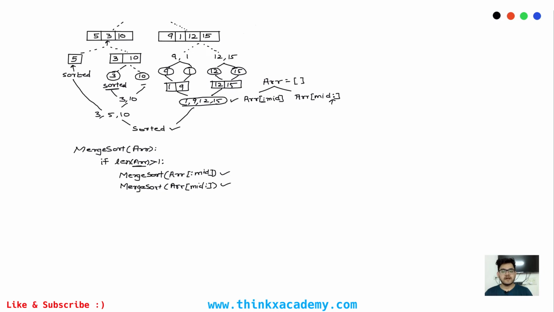Now after we are done with dividing this, you can see this is a recursive call. These two are recursive calls here, which means that a function is calling itself. When such a thing happens, when recursion happens, let's say we have this merge sort function, and this merge sort function calls itself again.